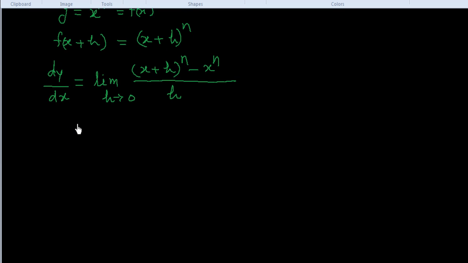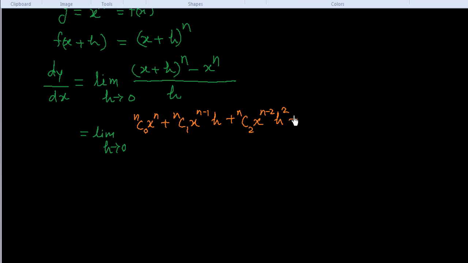Now we see here the limit h tends to 0 of x plus h whole power n. So we use the binomial theorem here. We get n combination 0 x power n, plus n combination 1 x power n minus 1 into h, plus n combination 2 x power n minus 2 h square, and so on.